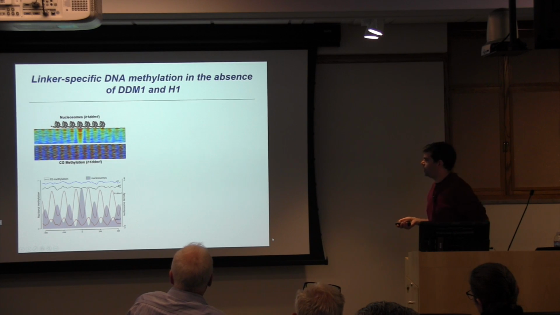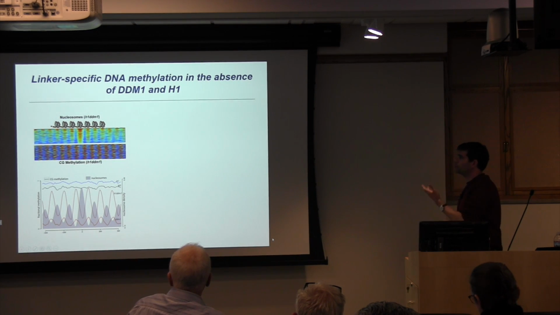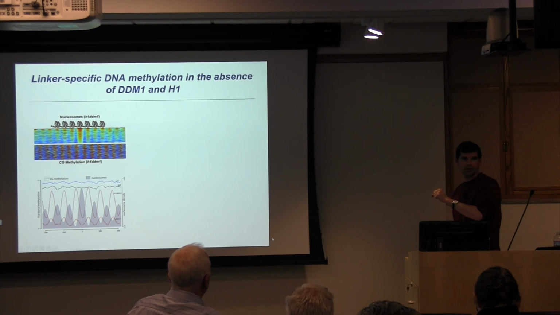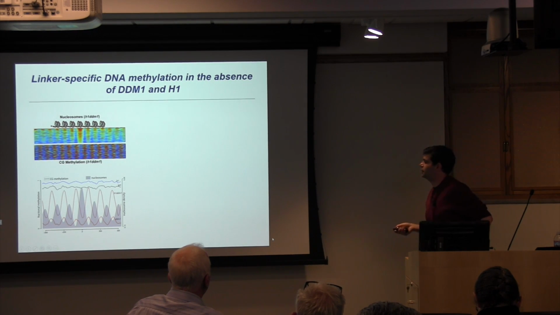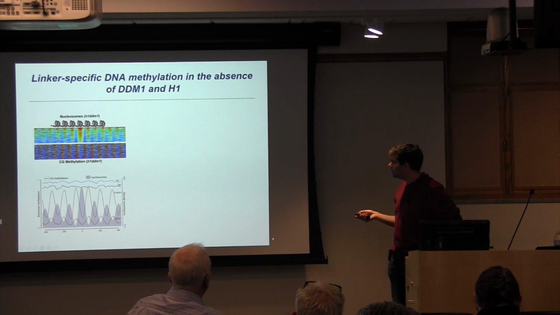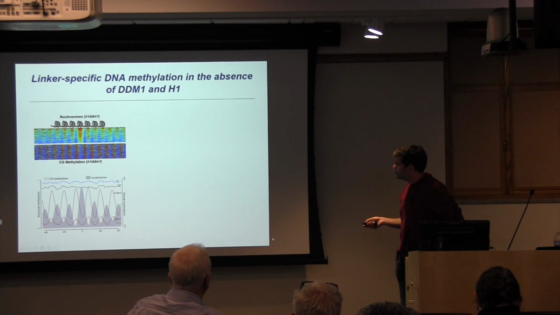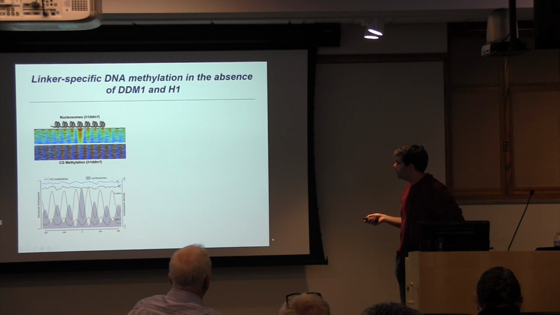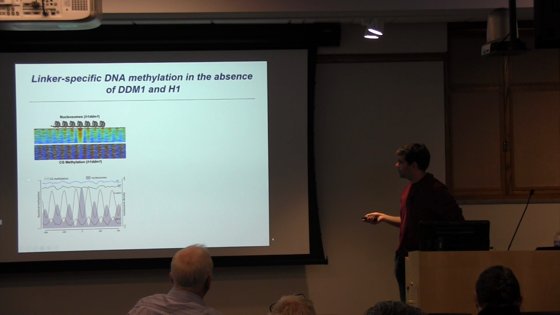And this is just an averaging of this type of data compressed into a single averaged graph. So the gray are the nucleosomes. So this would be this bright nucleosome here. And the solid lines are DNA methylation in the CG context.